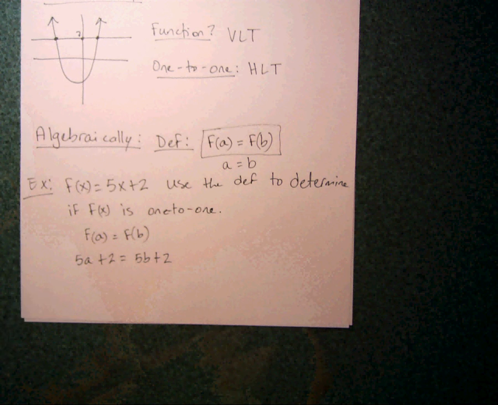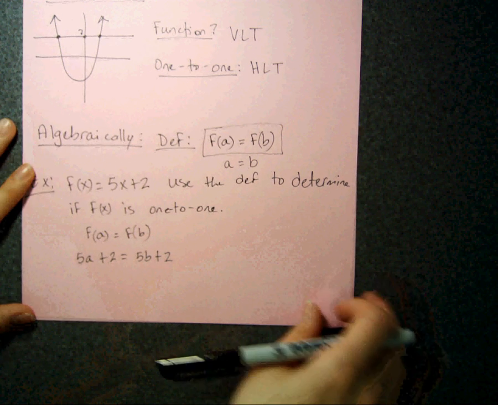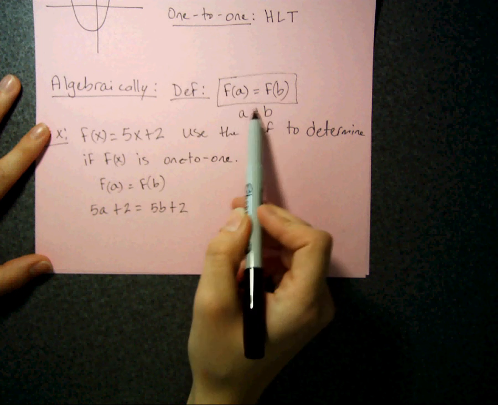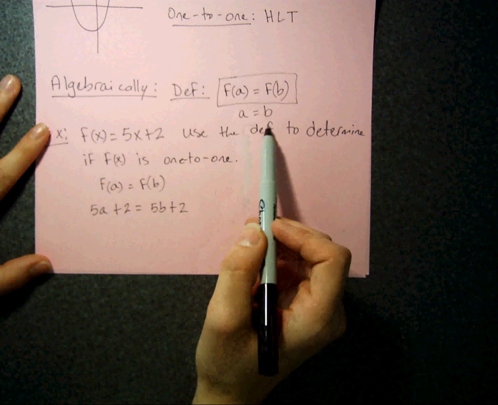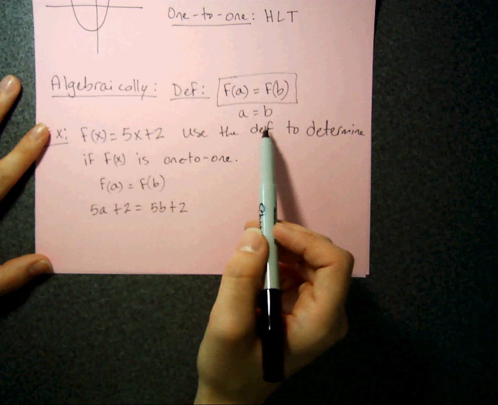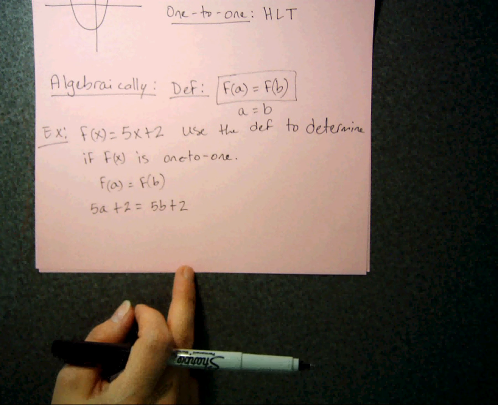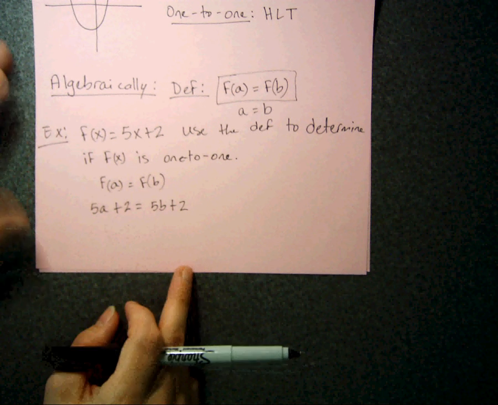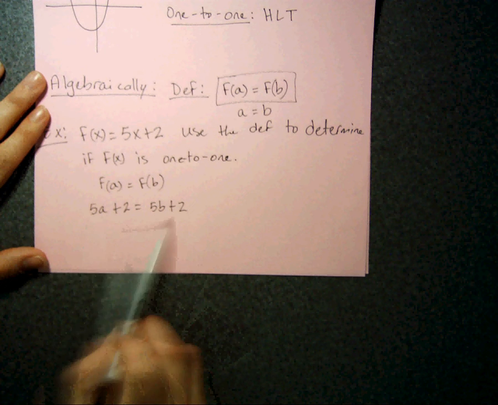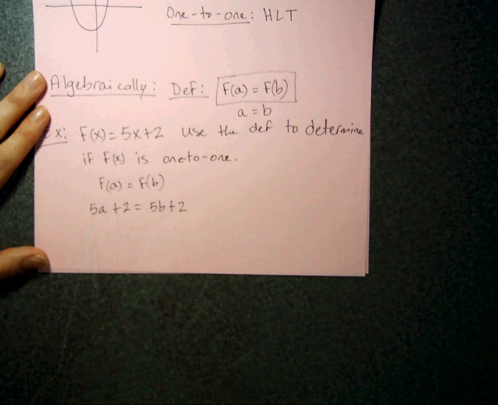In order for this to be a one-to-one function, I should be able to use algebra to simplify it and get a equals b. If it's one-to-one, I'll be able to simplify it and end up with just a equals b. If it's not one-to-one, then I'm going to end up with something funky, and we'll look at an example of that in just a second. So I'm going to do some algebra. I'm going to try and get a by itself and b by itself.